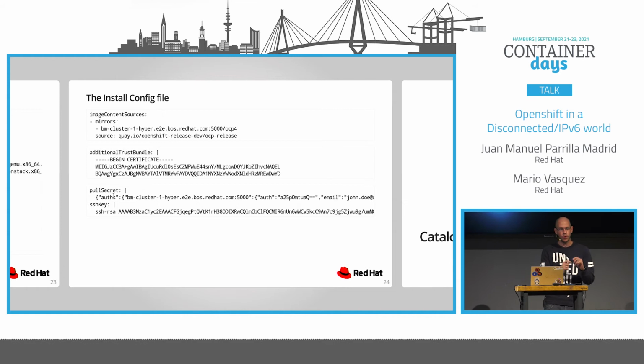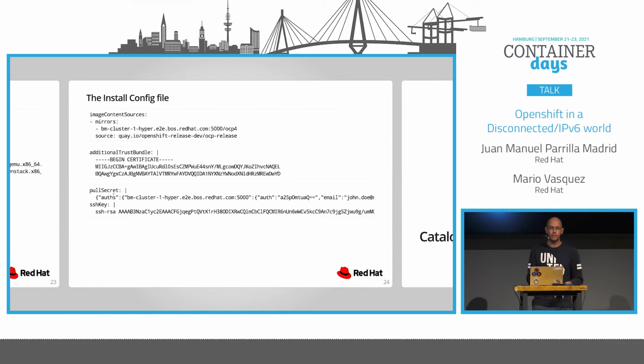Then it will go first to that mirror, and then if the mirror doesn't have that image, it will go to the outside image registry. This is what image content source is on this config file.